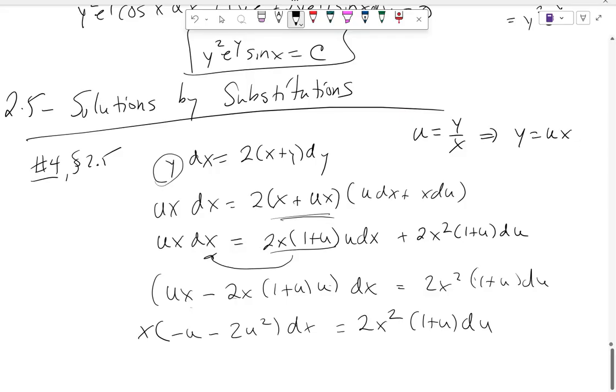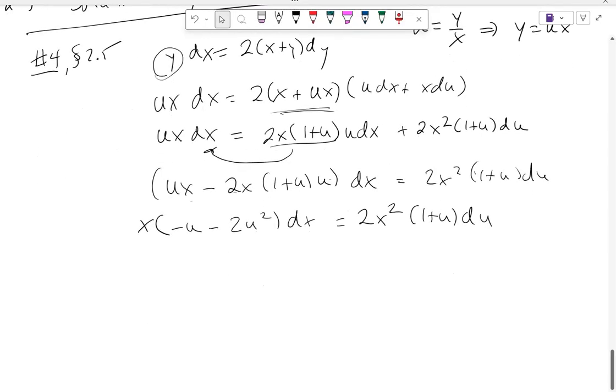We can write this as 1 over x dx equals 2 times (1 plus u) over, I'll pull out the negative, u plus 2u squared du. Wish the numbers were a little bit nicer, but it is what it is.